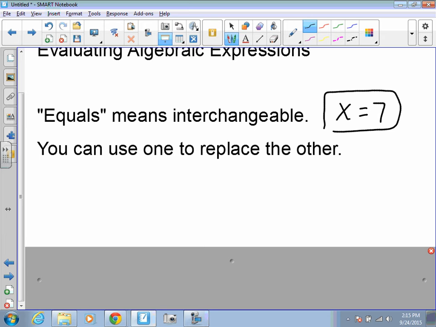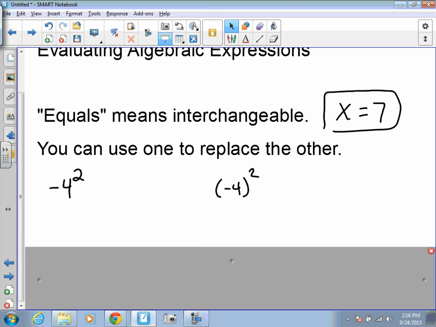So, one of my favorite examples to use is this. If I have -4 squared and (-4) squared, they both look very similar, but one is using parentheses and one is not. They cause some similar things to happen, but also some different things. On the left side, without the parentheses, what this really is saying is the opposite of 4 squared.